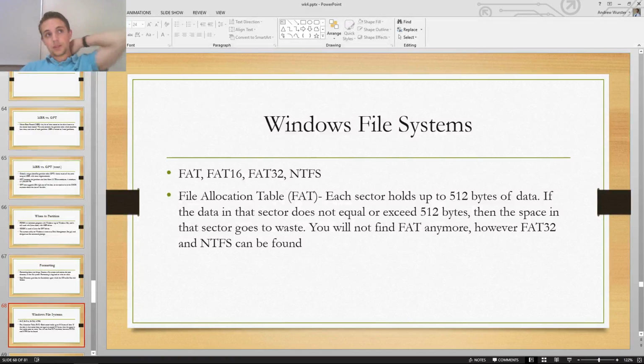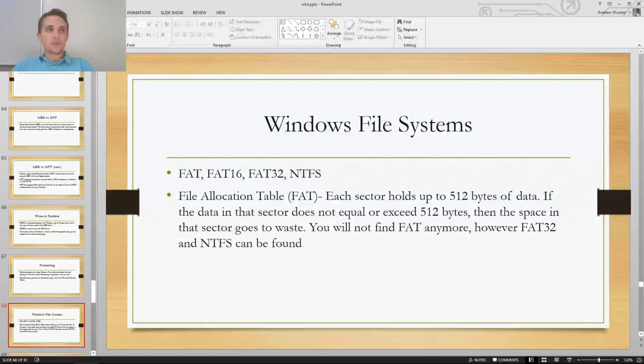FAT used to be one of the most common ones, and that had a sector size of 512 bytes of data. This is actually really inefficient, because if you had data files that were under 512 bytes, then the next file would be written to the next sector instead of filling up that space in the previous sector. So you'd have tons of open gaps. Very, very wasteful.